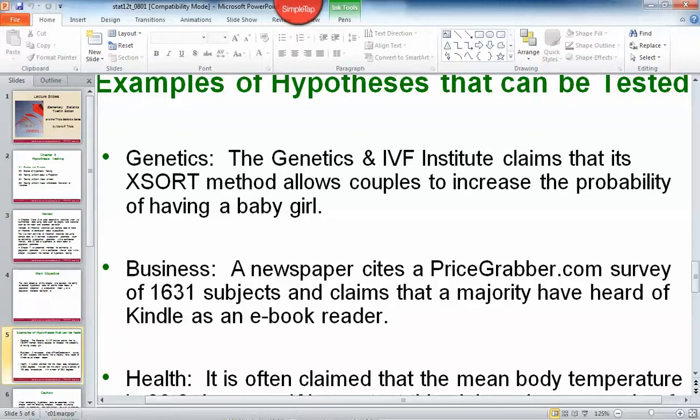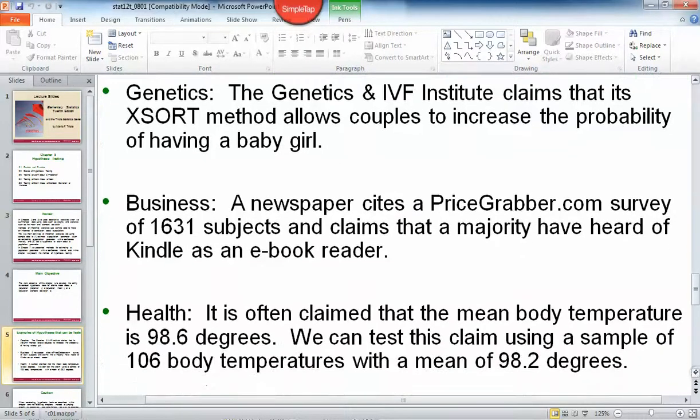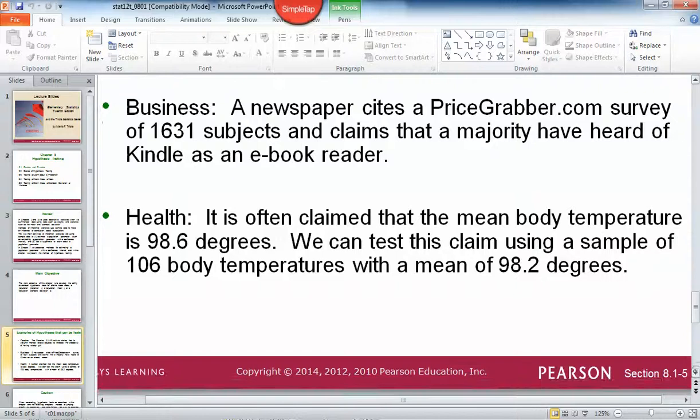And then there's a method to go through after looking at different studies that would either support that claim or not support that claim. A newspaper cites a PriceGrabber.com survey of 1,631 subjects claims that a majority have heard of Kindle as an ebook reader. It would be pretty hard not to have heard of a Kindle, but I'd probably agree on that one.